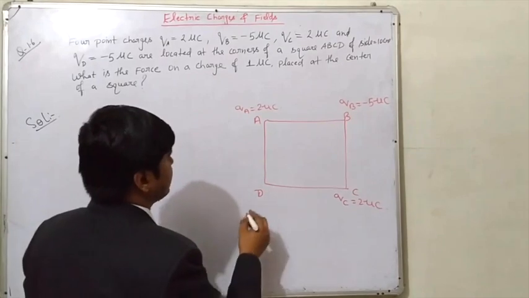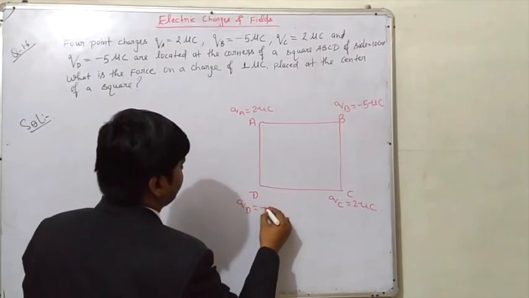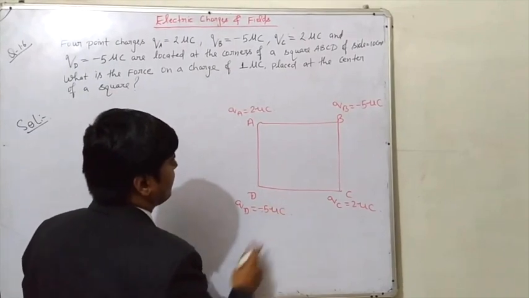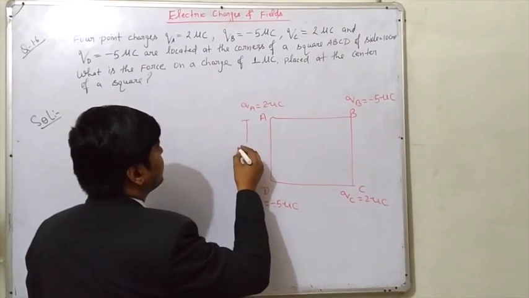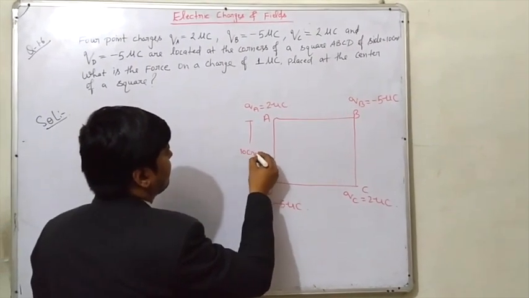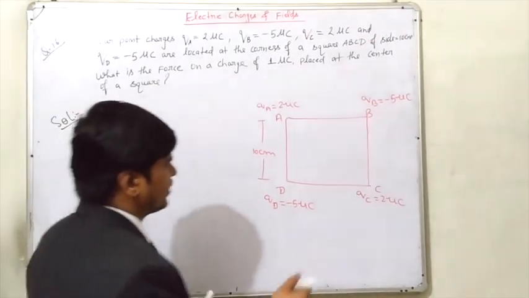And charge on vertex D, qD equal to minus 5 microcoulomb. And the side of the square is 10 centimeter.